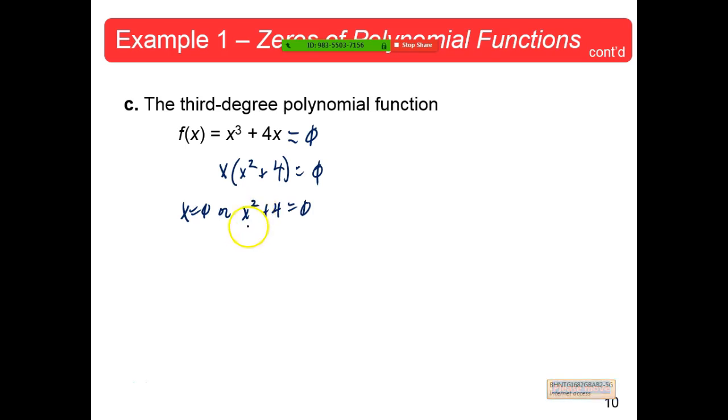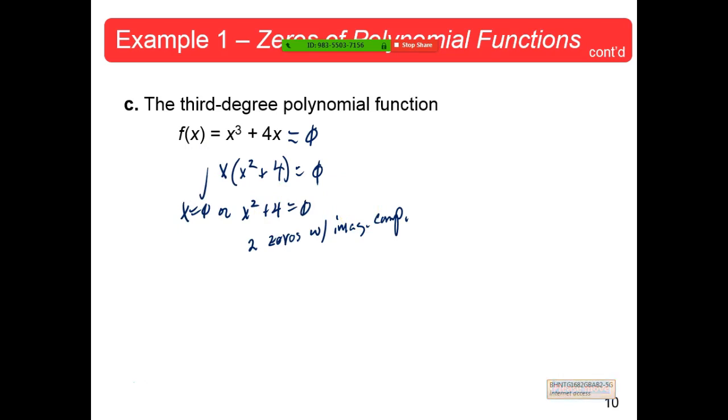So this represents, it's a second degree polynomial function. This represents two roots or zeros with imaginary components. Okay, those are complex numbers. This one's a real 0. This one's are complex numbers with imaginary components.